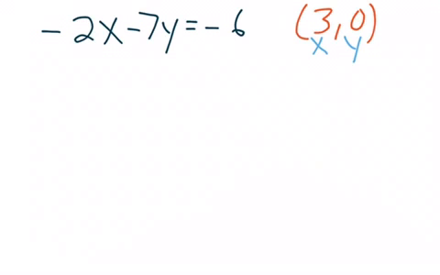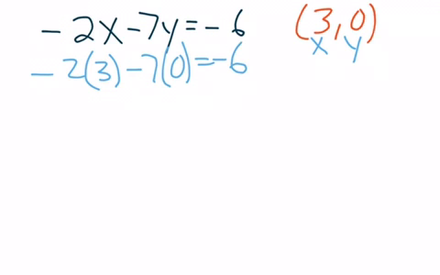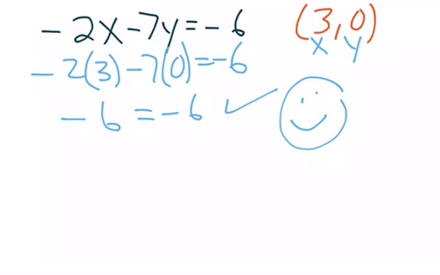So I'm going to put in a 3 here where the x is at, and then I'm going to put a 0 in where the y is at, and then I'm going to solve. Negative 2 times 3 is negative 6, negative 7 times 0 is 0, so does negative 6 equal negative 6? It sure does, so I know I solved it correctly.